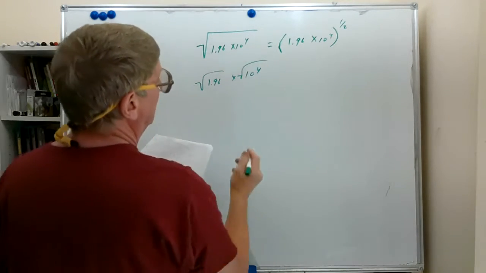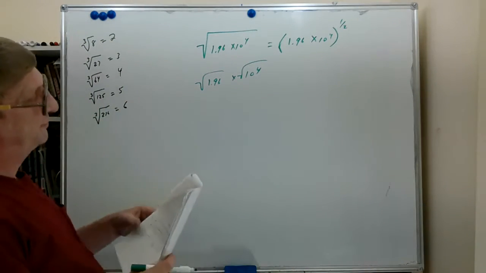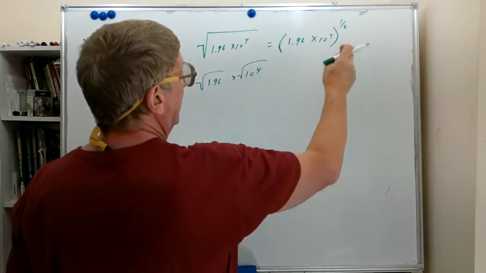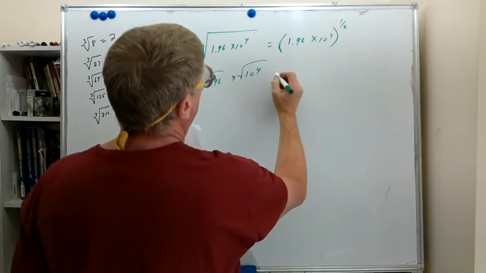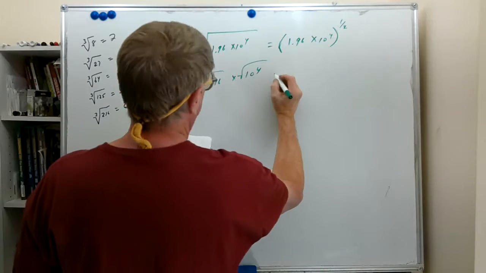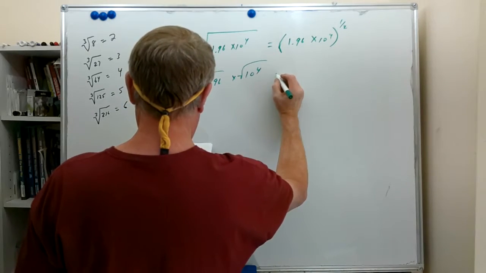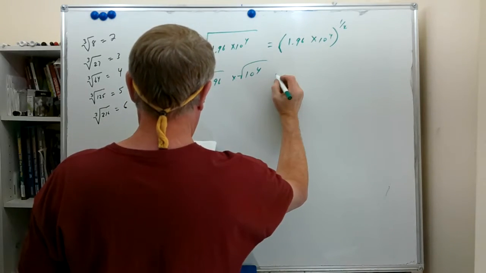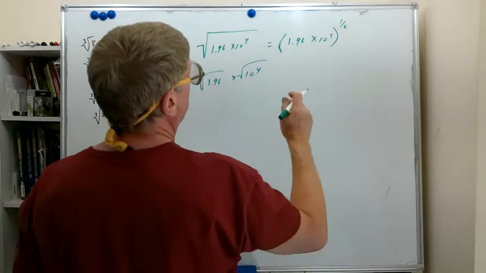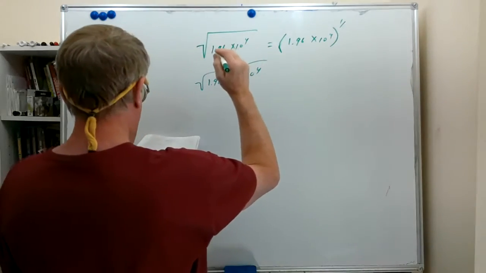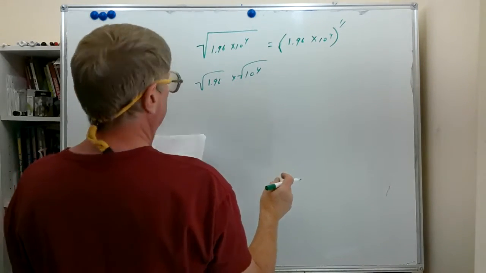And we're going to put square root over that too. And now we're going to utilize the fact that the square root is the 1/2 power. Oh, excuse me, I've got a cube root here. What am I doing here?